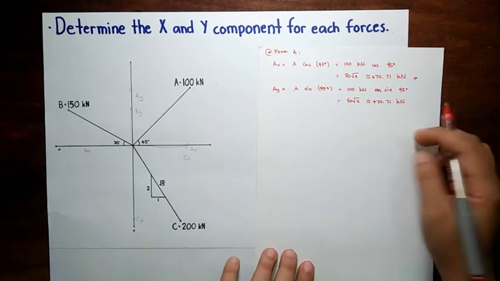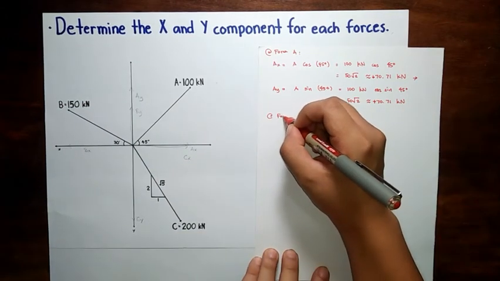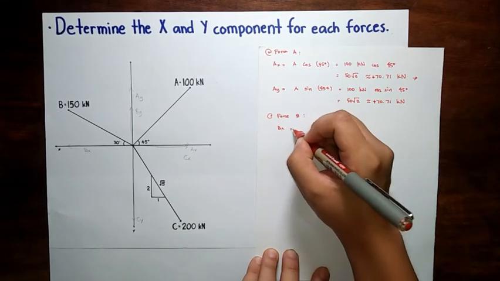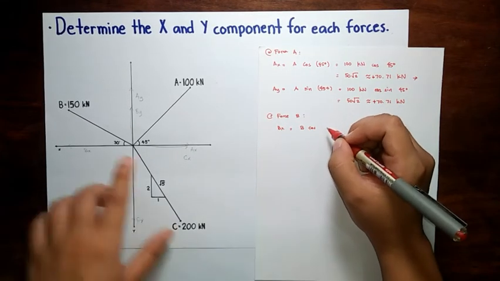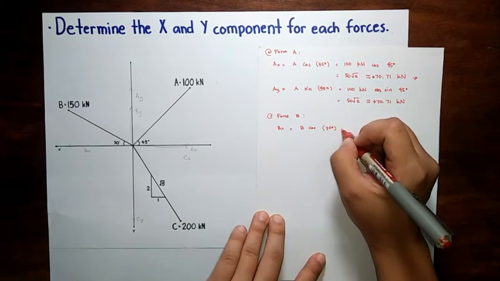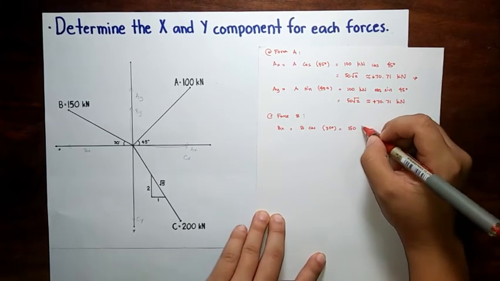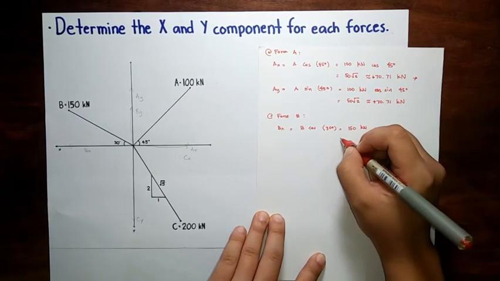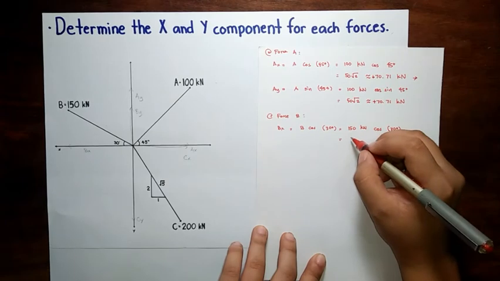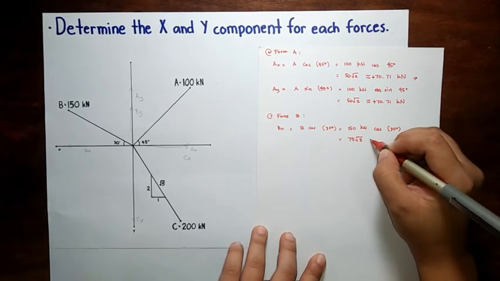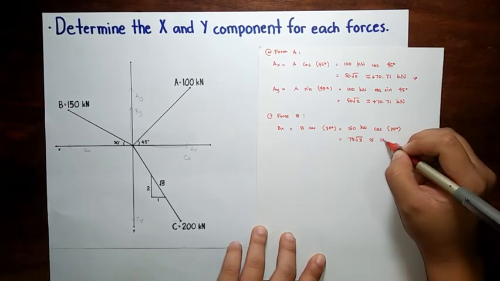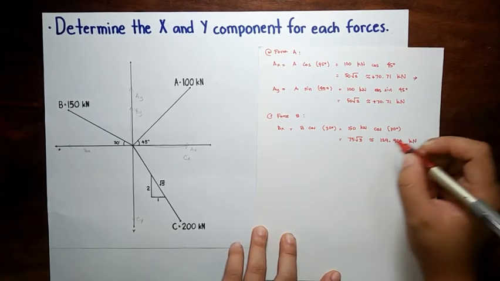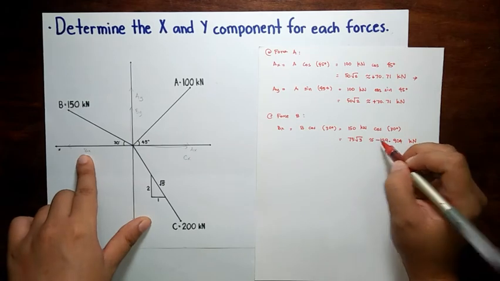Next is force B. So BX is equal to B cosine 30 degrees, equal to 150 kilonewton cosine 30 degrees. And that would be 75 square root of 3, or approximately 129.904 kilonewton, and that is negative because it's going to the left.